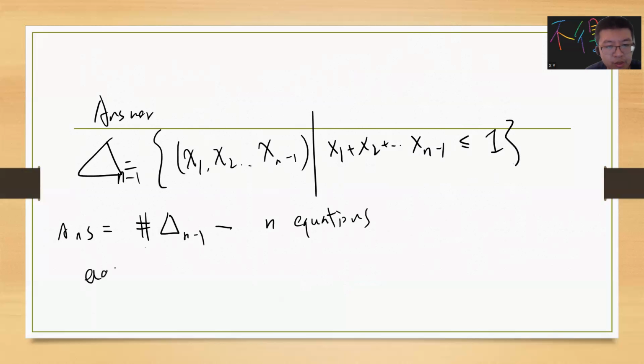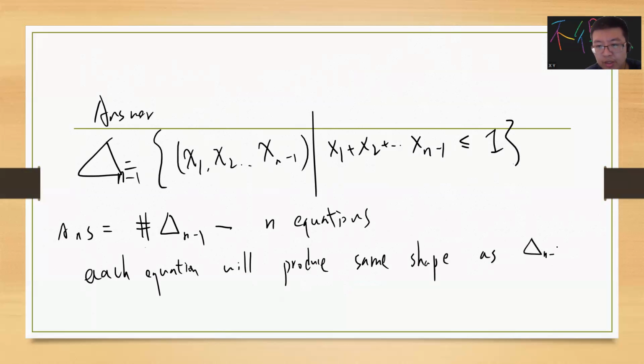And I just showed before, each equation will produce the same shape as delta n minus 1, but with scale half. So let's write down the answer.